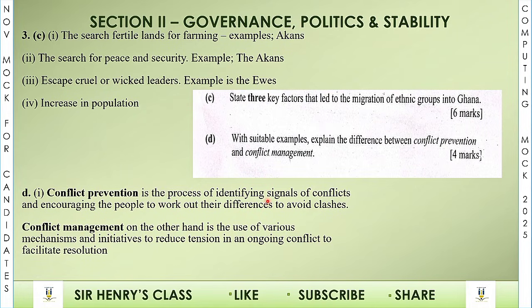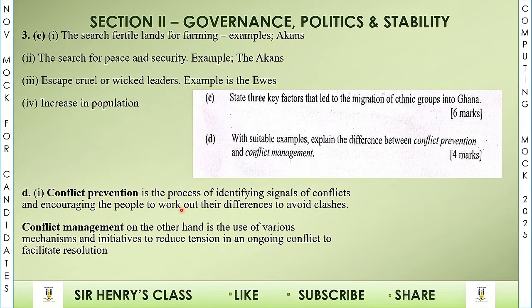So conflict prevention is the process of identifying signals of conflict and encouraging the people to work out their differences to avoid clash. Conflict management, on the other hand, is the use of various mechanisms and initiatives to reduce tension in an ongoing conflict to facilitate resolution.